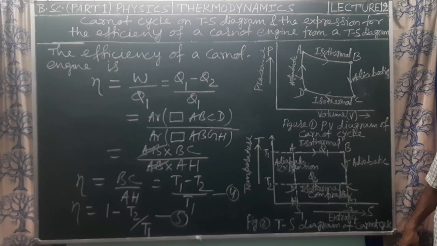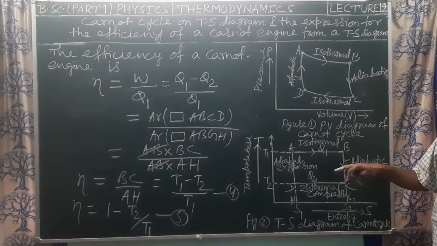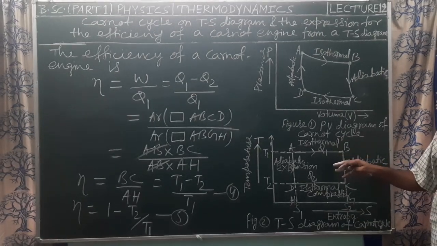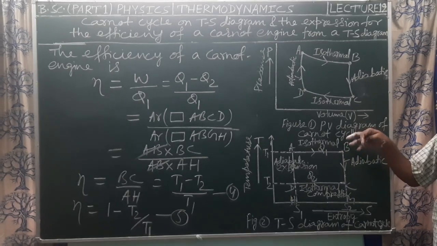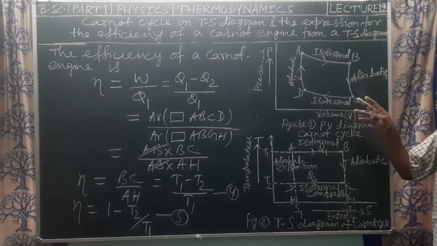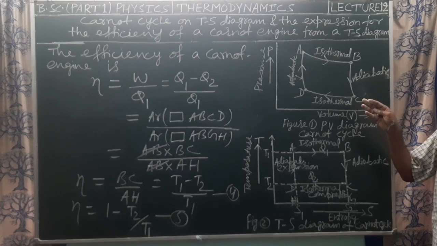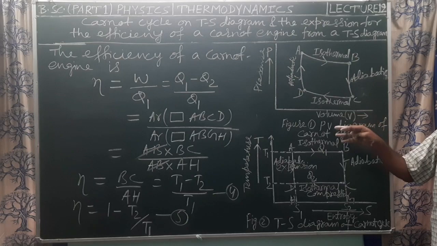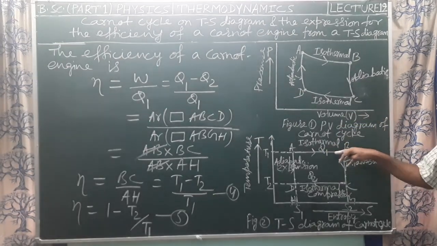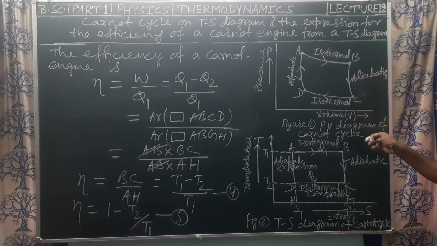Area ABCD represents the total work done by the system during the complete cycle, which is represented by the difference of heat Q1 and Q2, that is, the heat Q1 taken from the heat source during isothermal expansion AB, and Q2 the heat rejected by the system during the isothermal compression.